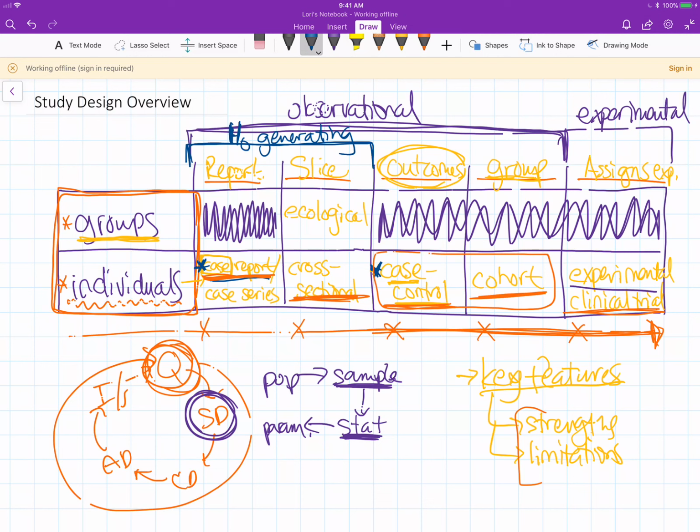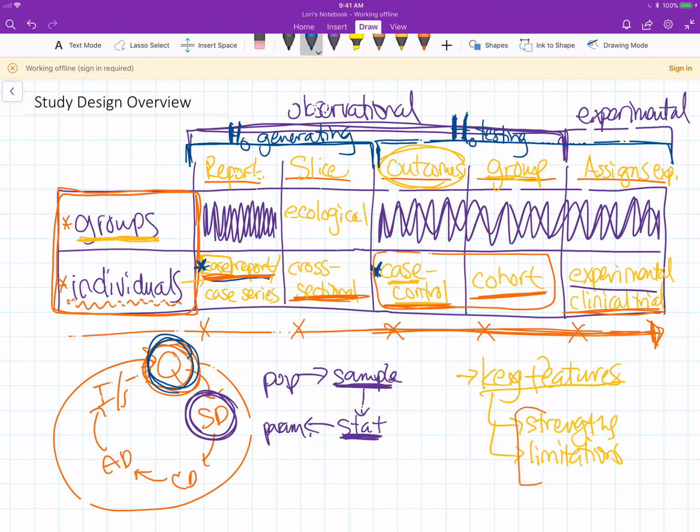In other words, I'm looking to see what patterns I can find, and I'm generating hypotheses about what questions I might be able to test. Whereas over here on the right hand side, most often we're using these to test hypotheses. So here's my H sub 0, that's an abbreviation for hypothesis testing.